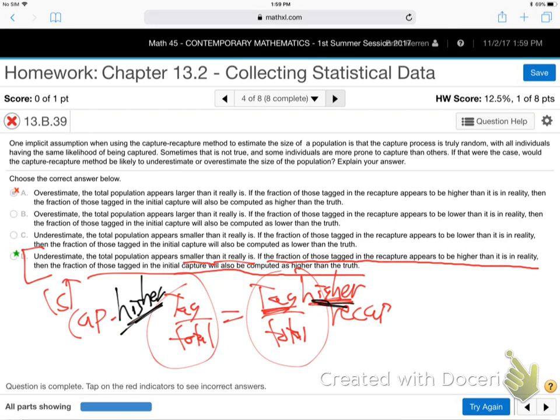Higher equals higher. The number of tagged fish, that's fixed. You can't change that. That's just how many fish you tagged. So how can a fraction be higher by messing with the denominator? What do you have to do to the denominator of a fraction to make the overall fraction higher?